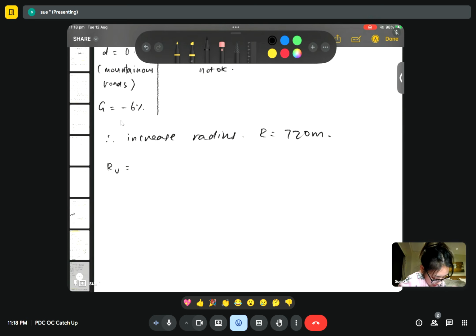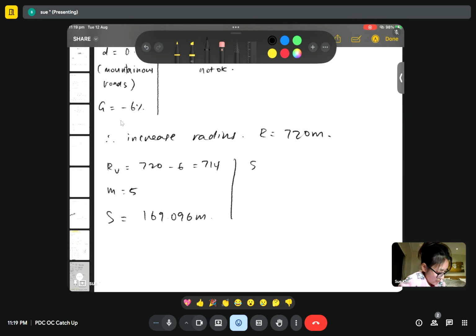Okay, so if I sub in those same values back in, RV again is going to be 720 minus 6, and M is still going to be 5. And if I sub those values in, I'm going to get a stopping distance of 169 meters.